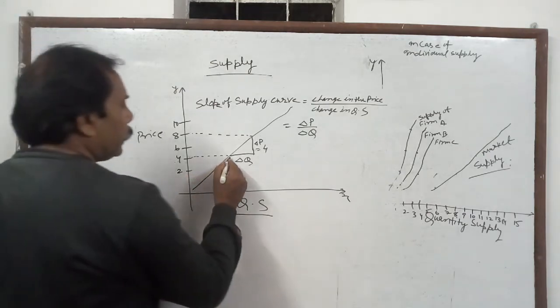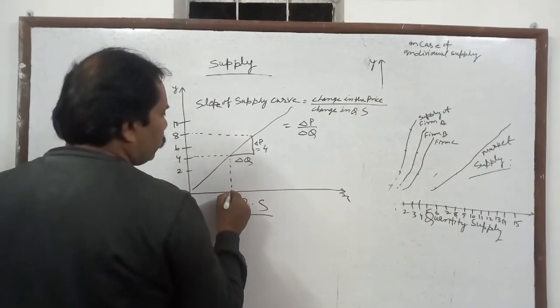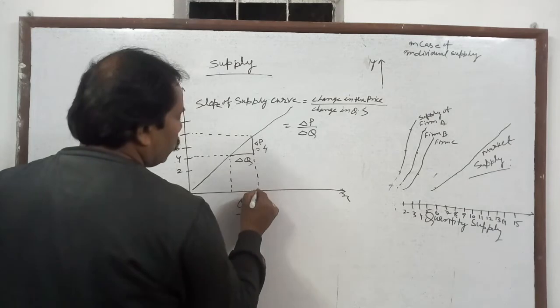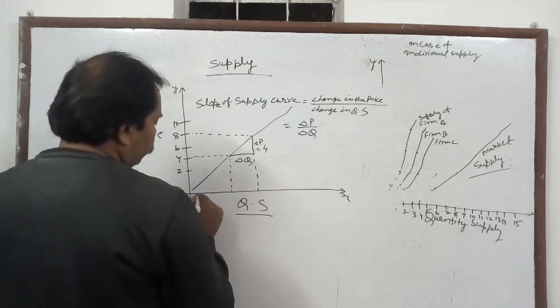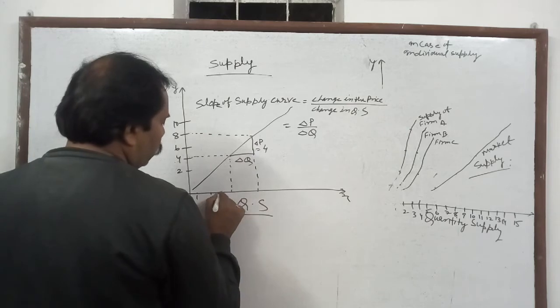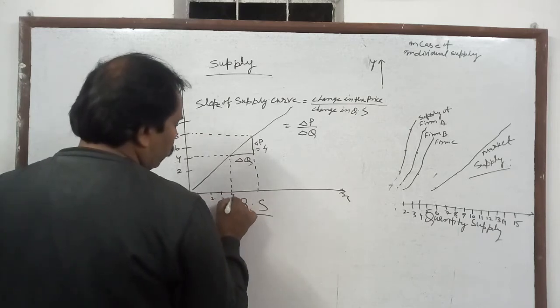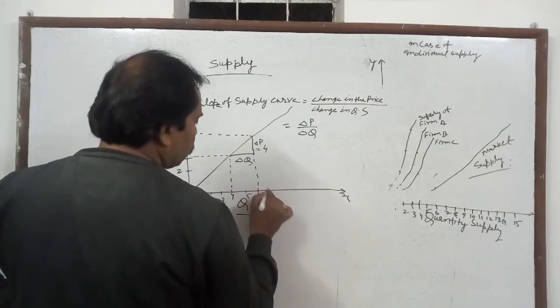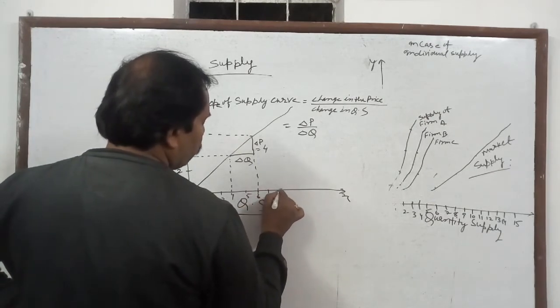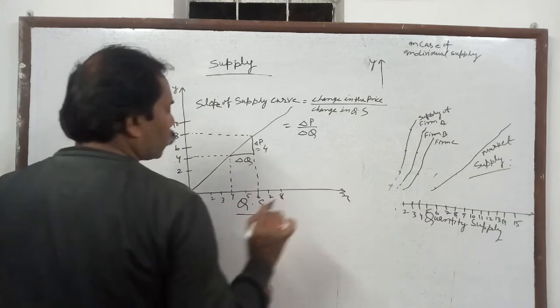Like that, if we determine the quantity, write down 1, 2, 3, 4, 5, 6, 7, 8 and so on.